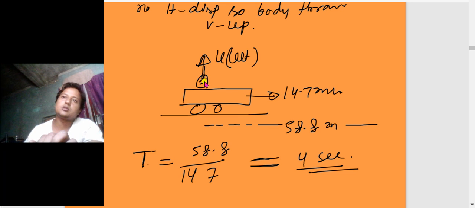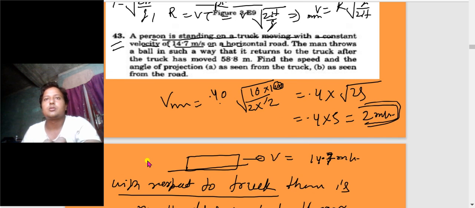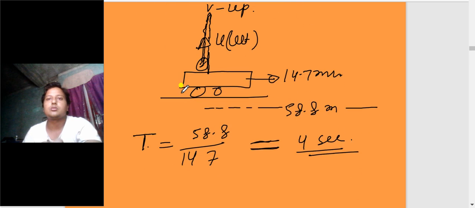In 4 seconds the ball goes upward and comes back, and returns on the truck. Find the speed and the angle of projection as seen from the truck and as seen from the ground.